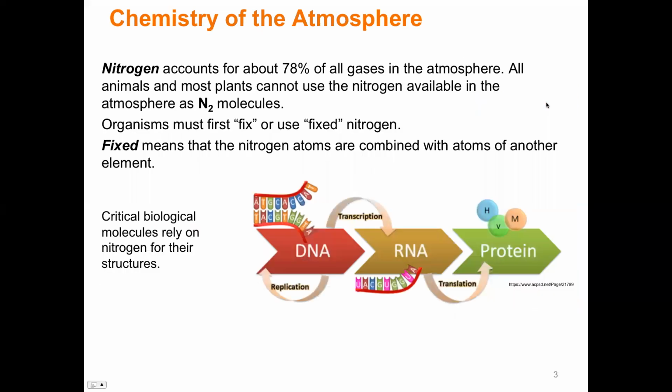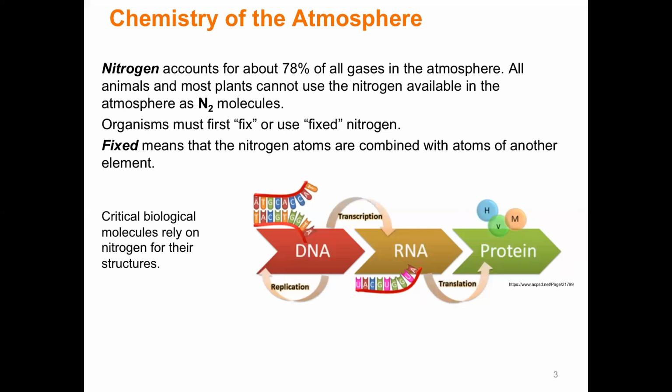Now, let's go over this. So nitrogen, right? So nitrogen is 78% of the gases in the atmosphere. And you can see in our layer in the troposphere, we have mostly nitrogen. Now, it is found as N2, that's nitrogen gas, and it is a very, very stable molecule. Remember, it has 3 bonds between the 2 nitrogens. But we need nitrogen, right?